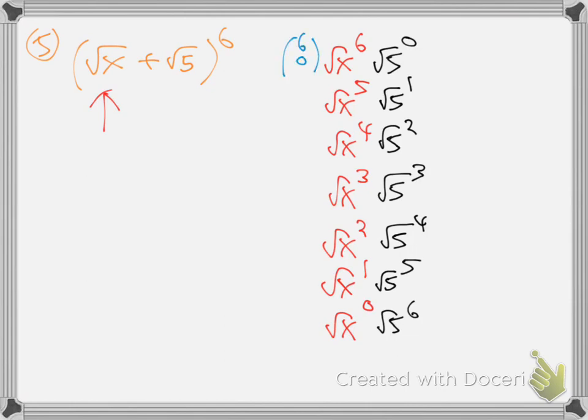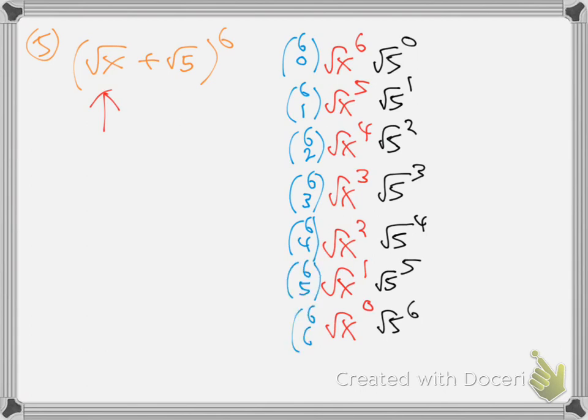So 6 choose 0, 6 choose 1, 6 choose 2, 6 choose 3, 6 choose 4, 6 choose 5, and 6 choose 6, like that. And now we got to figure out all those different parts. I should have left more room. So the 6 choose 0, that's 1. So you could use your calculator or do it by hand or Pascal's triangle. It's 15, isn't it?